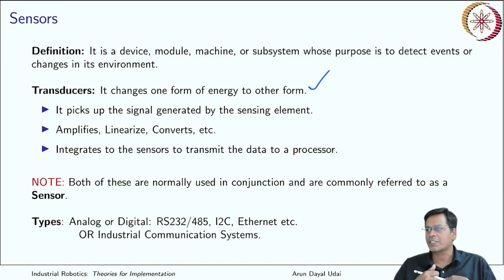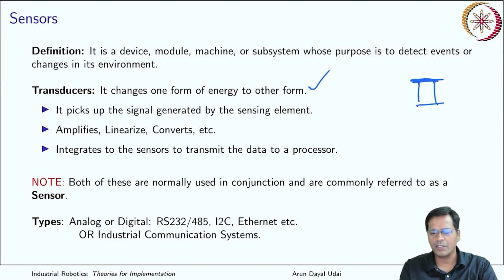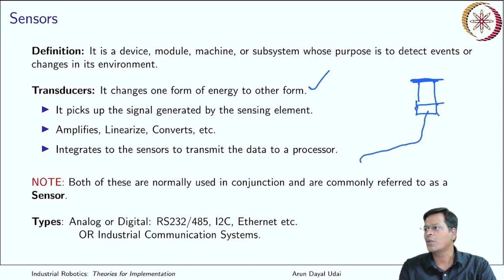It picks up the signal generated by the sensing element. So now you have a sensing element, you have a converter which converts from one form to another, and then you may have some communication device which can transmit it over a long distance.